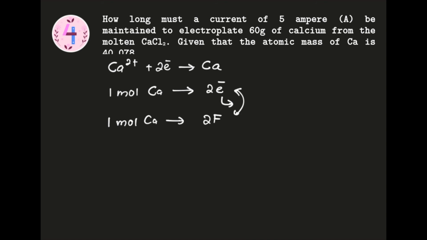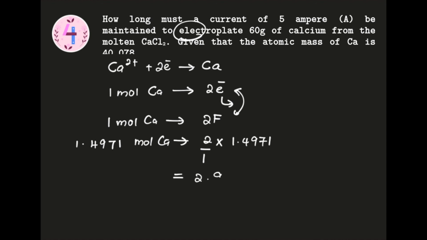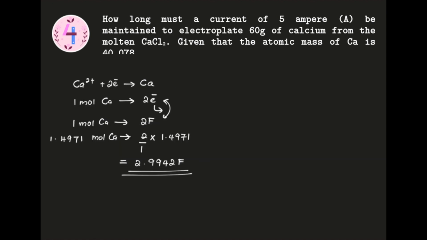And from the previous calculation, the number of mole of calcium from 60 gram is 1.4971 mole. So how much Faraday? It's equivalent to 2 divided by 1 times 1.4971. So you should get 2.9942 Faraday.